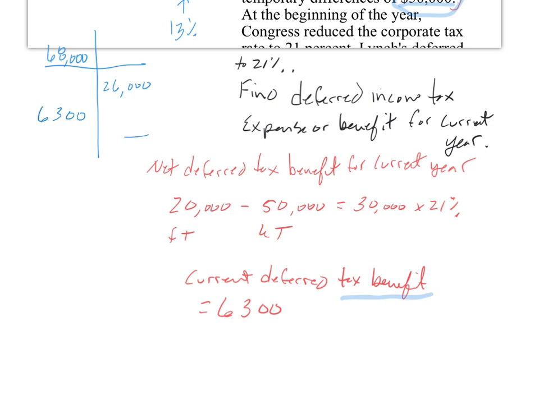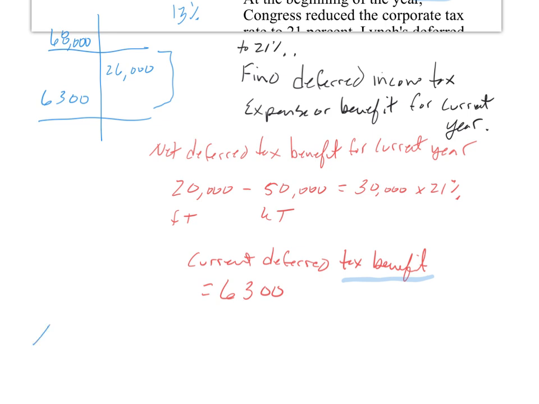And so what does the question ask us for? It asks us to find the deferred income tax expense or benefit for the current year. And so for the current year, we need this net adjustment amount.